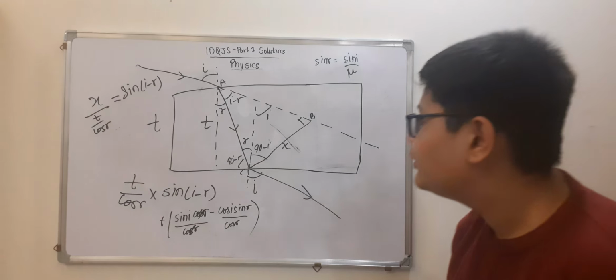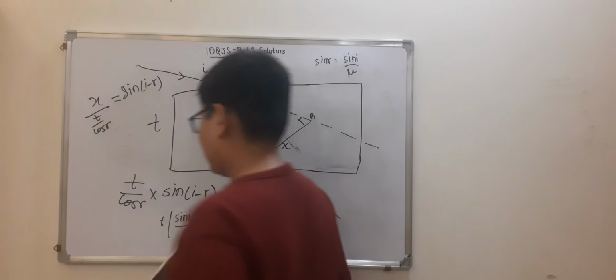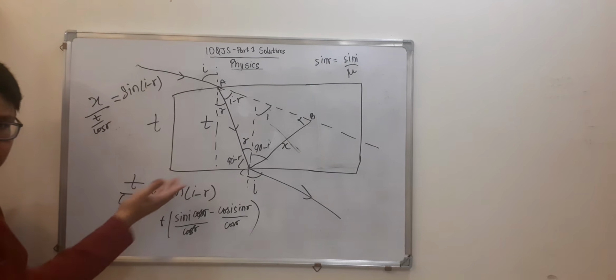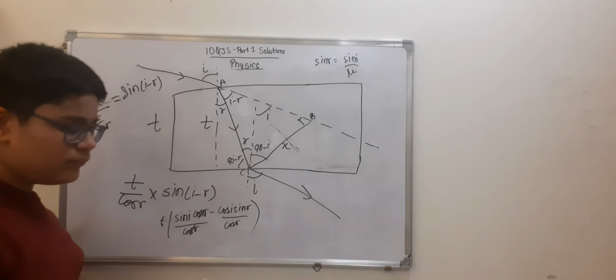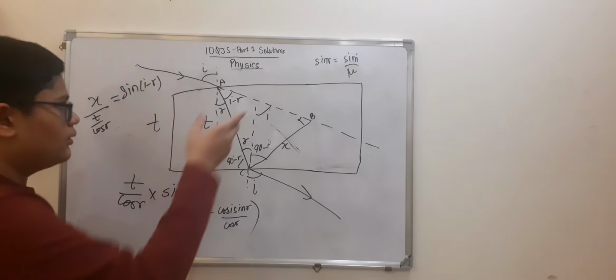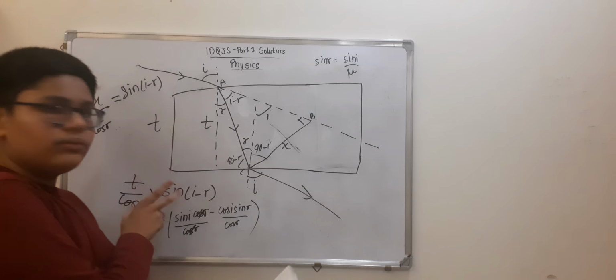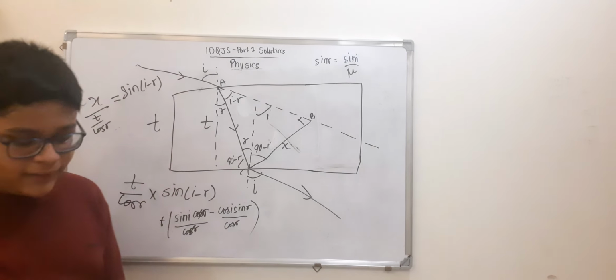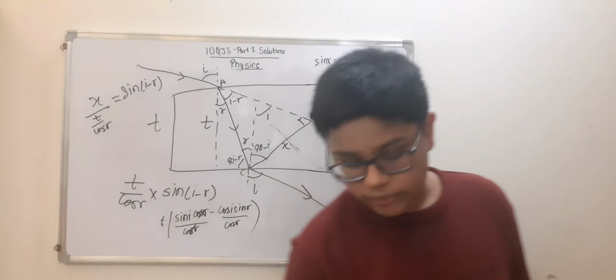And since X is dependent on R as well, we can clearly say that X depends on refractive index mu, because R depends on it. So B is correct.